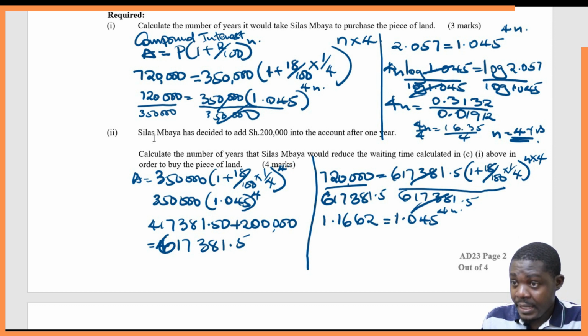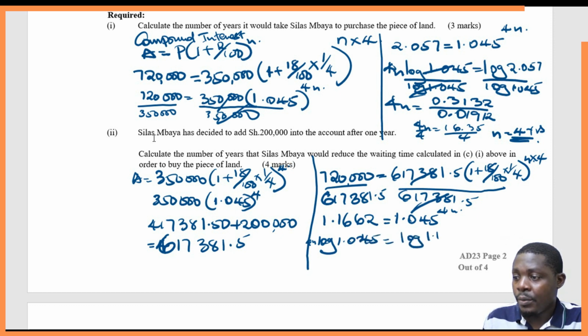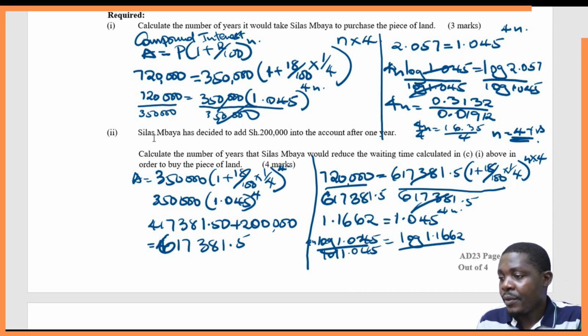The same thing I can say, log on top of log, that is 4n log 1.045 is equal to log 1.1662. We divide this one by log 1.045. We also divide this side by log 1.045.